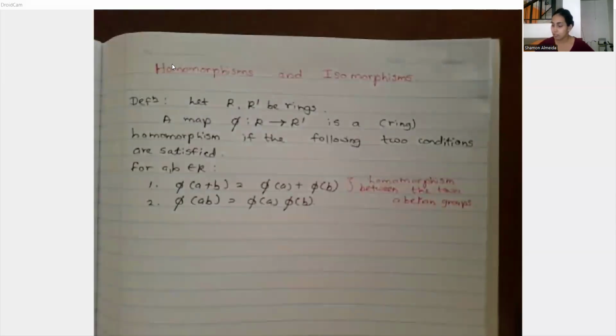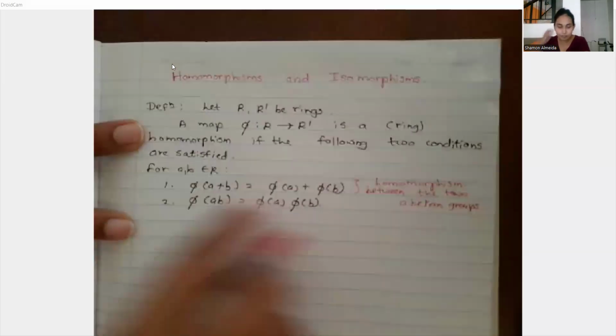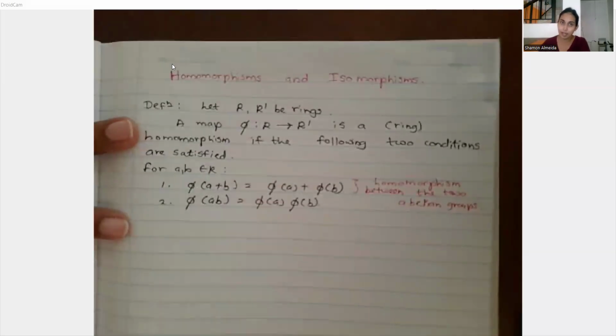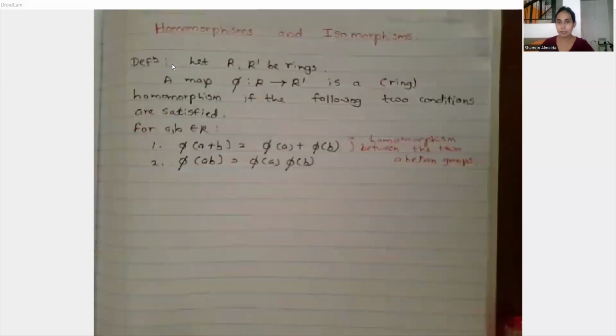So this gives you that relationship between the two multiplicative structures in R and R prime. Let's go over some examples.